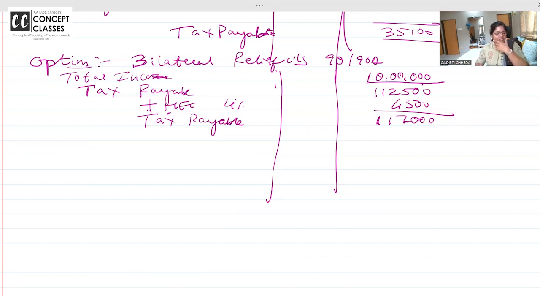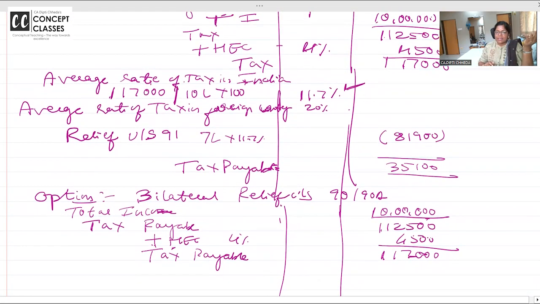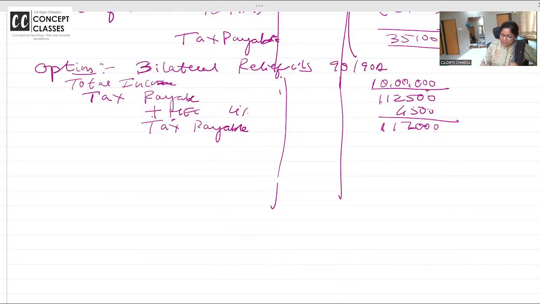I hope you are getting it. If in the foreign country the income is royalty and all, then we will take the income after deduction. So now you have got the tax payable in India, 1,17,000. Writing is coming really bad today.